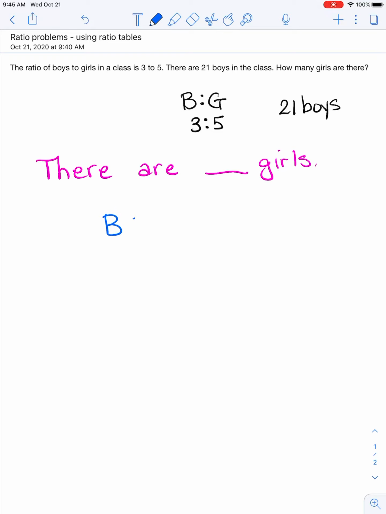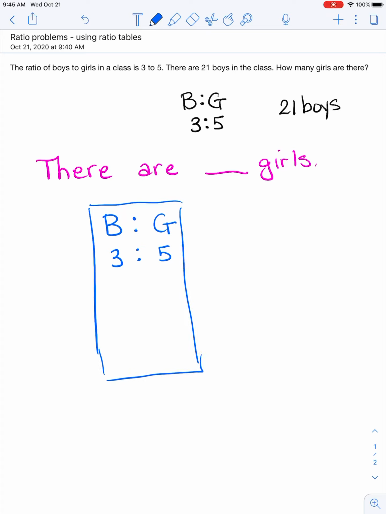The easiest way probably is to rewrite your ratio, which is 3 to 5, and then make the table out of this. I'm going to draw my line down here. So this is what we call a ratio table, a table of equivalent ratios.